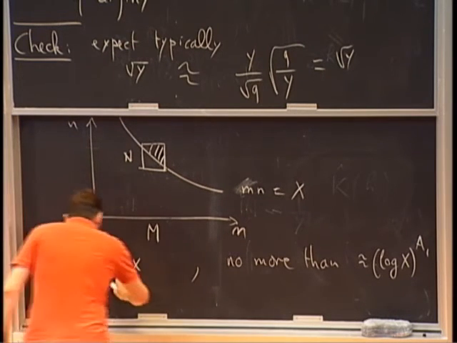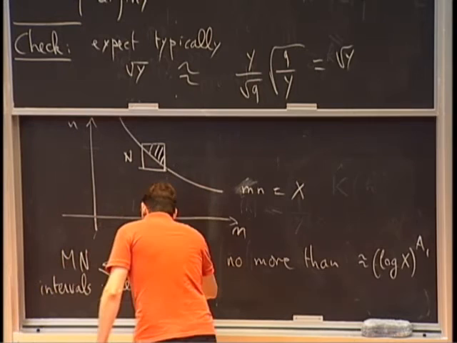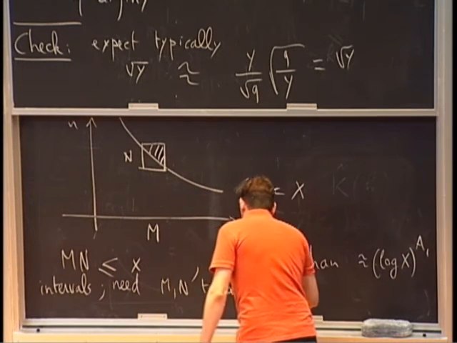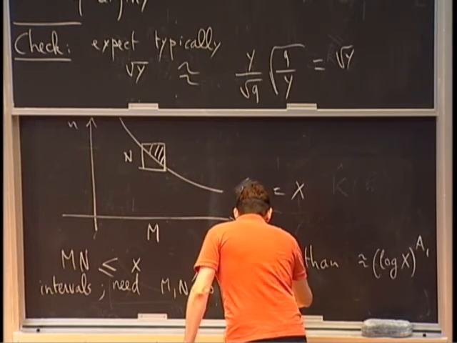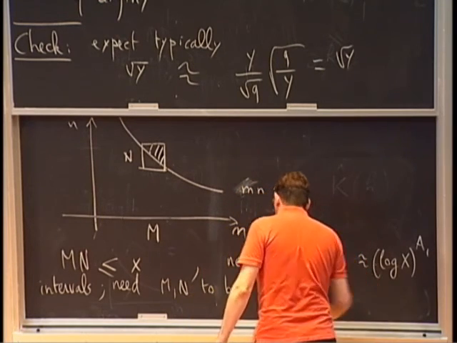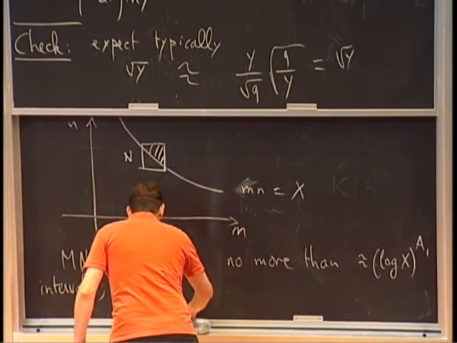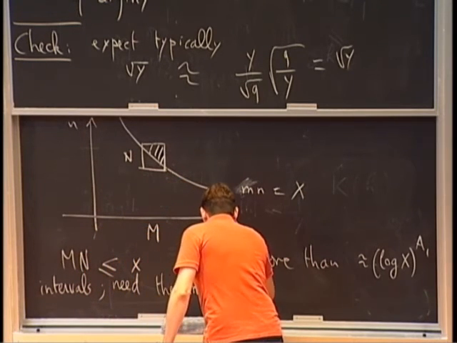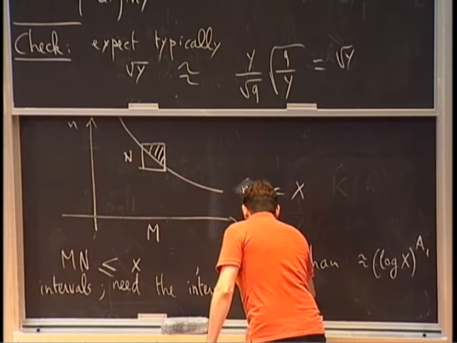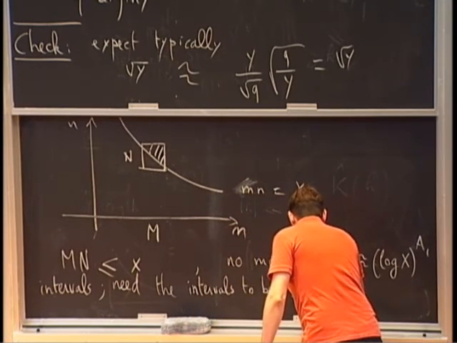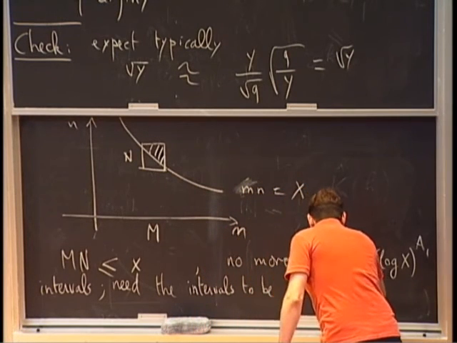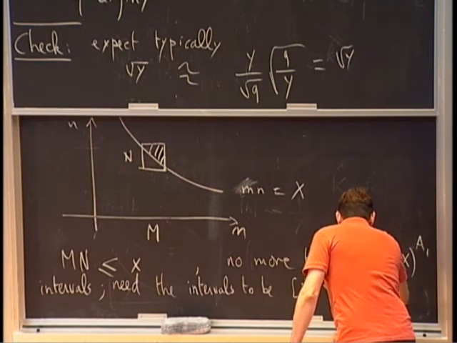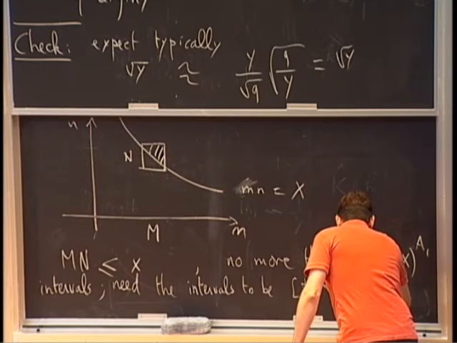So we need mn to be say x divided by, well, so the intervals to be of the type you start from something, let's call it alpha, to alpha times 1 plus some power of log x.